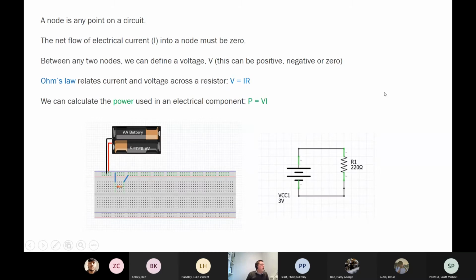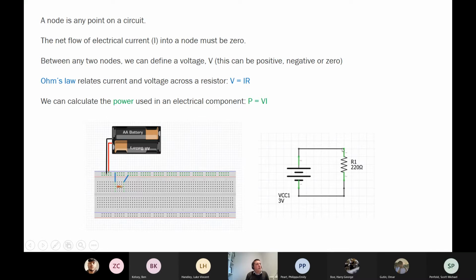So we've now analyzed that circuit and that model. We've talked about some flows of current on the circuit. And one thing left to say about flows of current, the flow into a node must be 0.